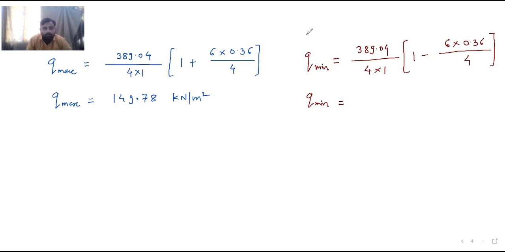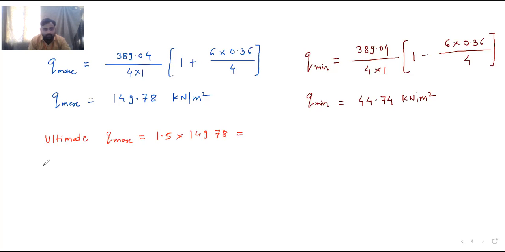And what is the value of Q minimum? Let me know the value of Q minimum. 44.74. This value is 44.74 kilonewton per meter square. Now calculate ultimate pressure intensities. So I will write here ultimate Q max, which is 1.5 into 149.78.